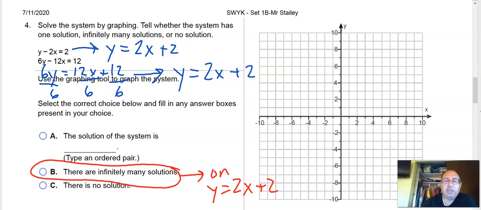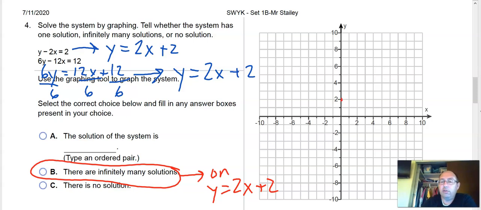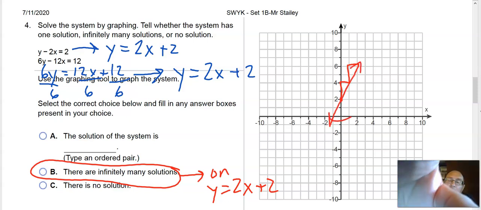I don't even think you need to graph it, but I'm sure you can graph it if the question is asking you to, which it probably will. You can then do your plus 2 and then up 2 over 1 and up 2 over 1, and get your line. It's the same line, so it doesn't need to be done twice.